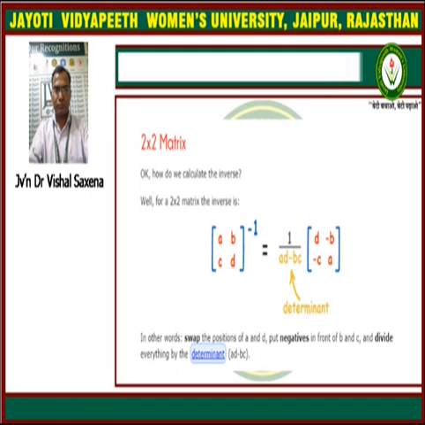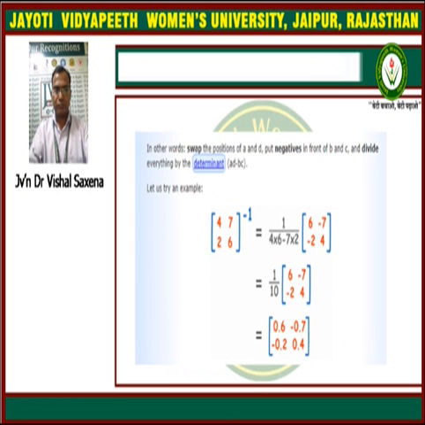So in this matrix of order 2 by 2, we have seen that the positions of A and D are interchanged, so D and A, and the reverse sign of B and C is coming in the right hand side for the inverse matrix: minus B and minus C. In other words, swap the positions of A and D, put negatives in front of B and C, and divide everything by the determinant AD minus BC.